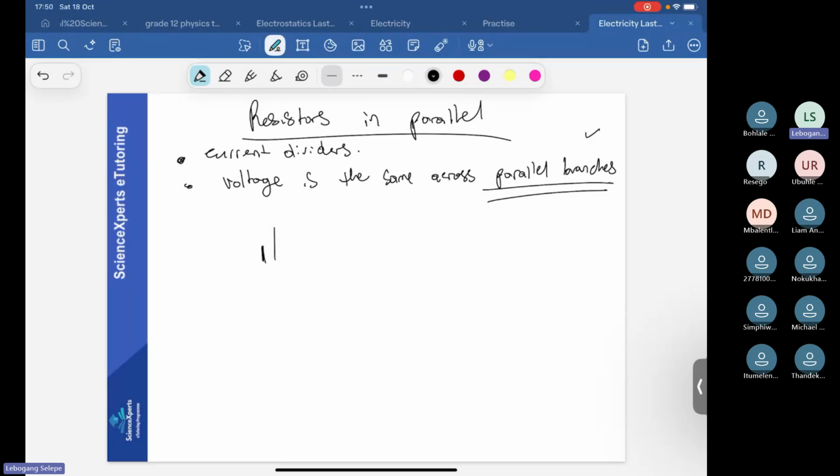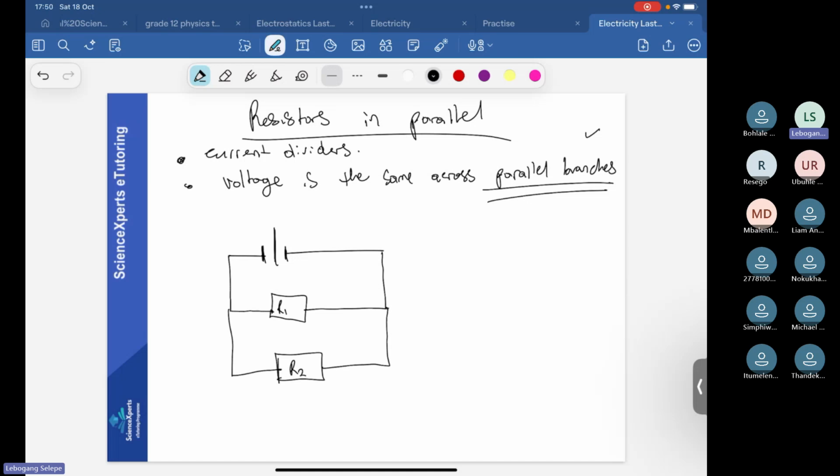Let's connect a simple parallel circuit. Let's call this R1 and this R2, right?